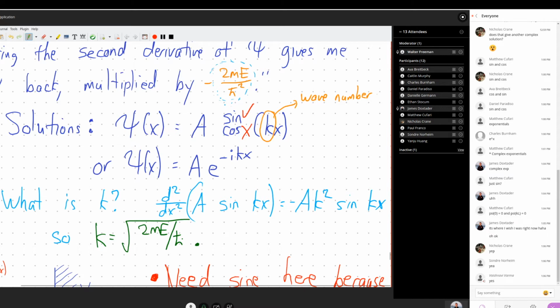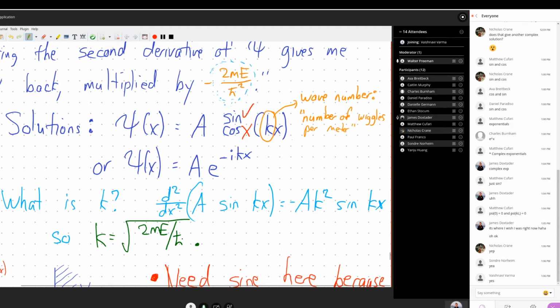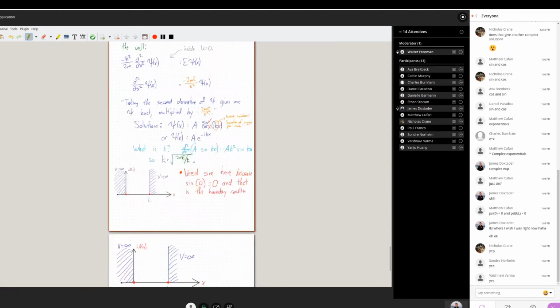And remember, wave number is the number of wiggles per meter. So sine kx gives me a sine wave with k wiggles per meter. Does that make sense? So that's why I've used that letter.